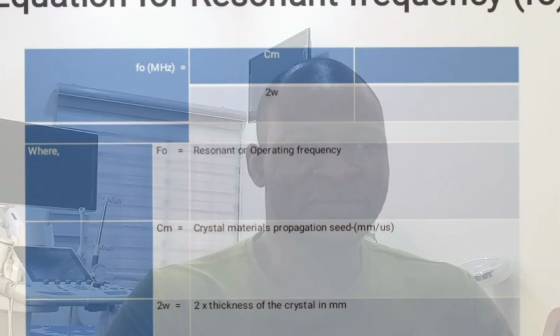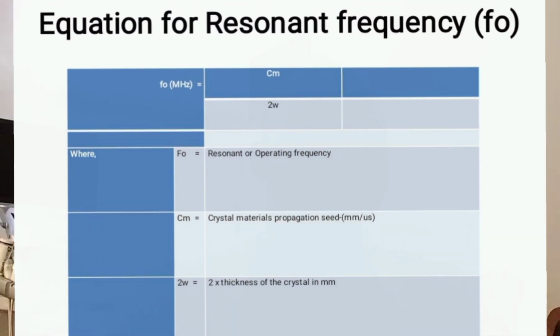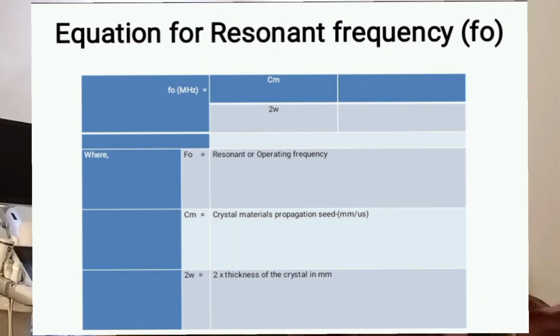For example, this image shows you the equation for resonant frequency. There you have FO in megahertz, C in meter over 2 width.